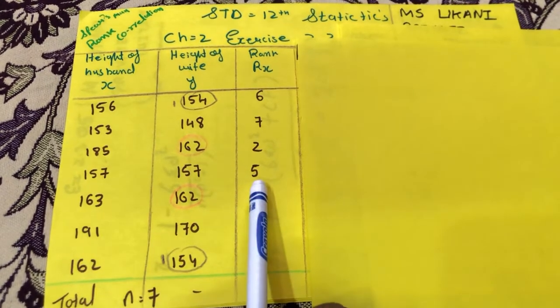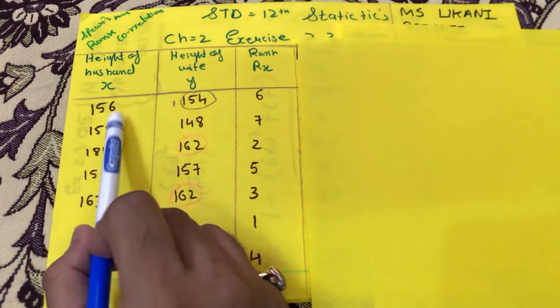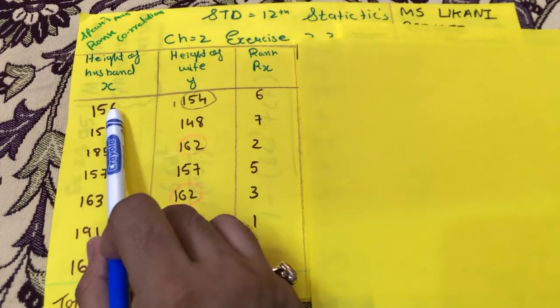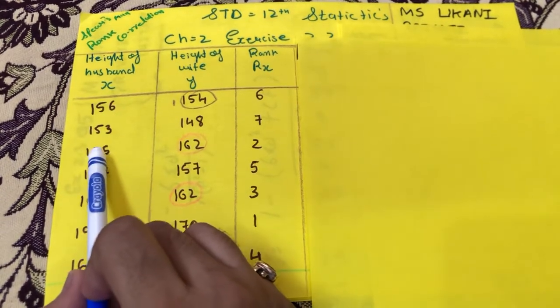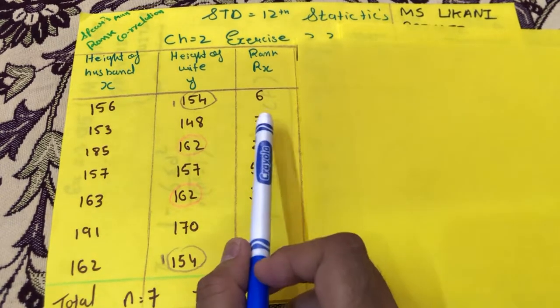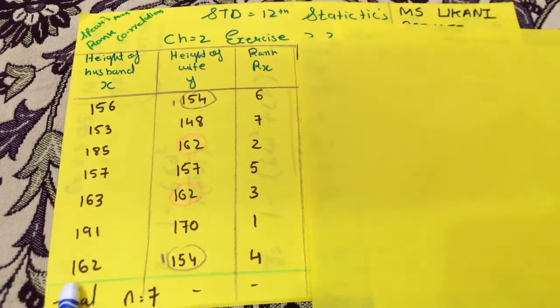So here we will give rank 5. The number smaller than 157 is 156. So here we will give rank 6. And the number smaller than 156 is 153. So here we will give rank 7. So in this way we will give the rank Rx from the column X.